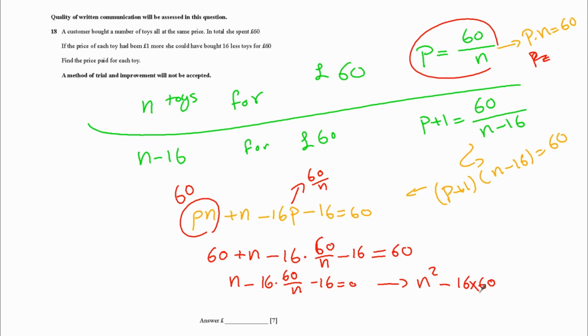And if I put it into standard form, this would be n squared minus 16n minus 16 times 60. So 16 times 60 is 960. So I'm just going to put 960 equals 0.